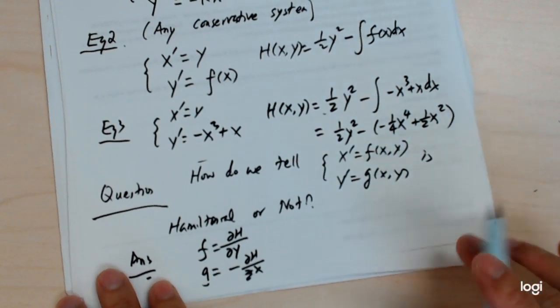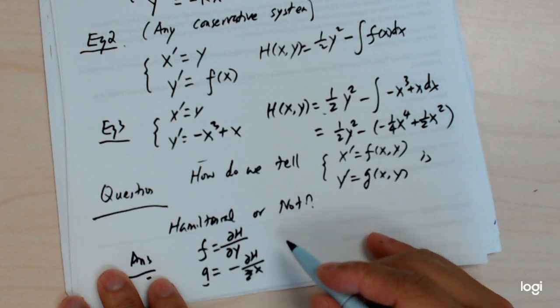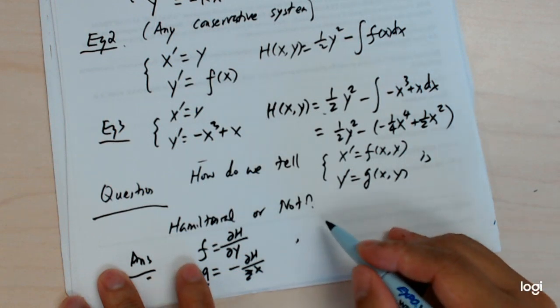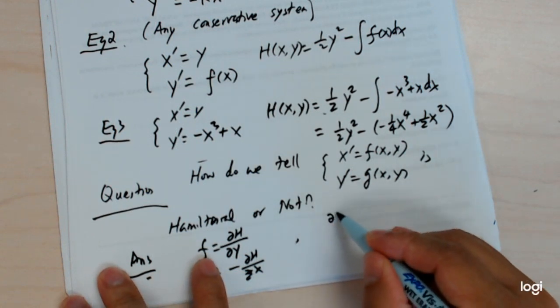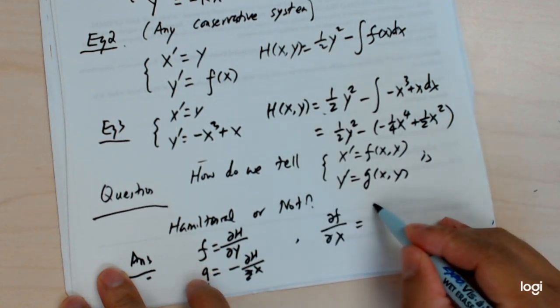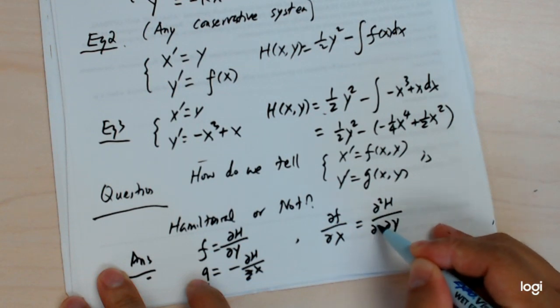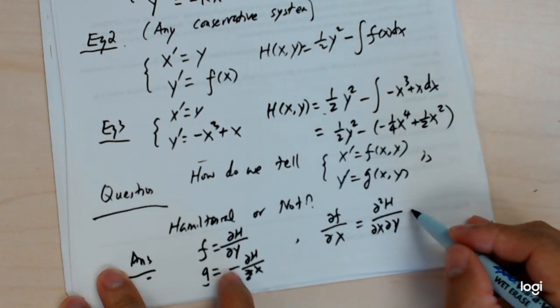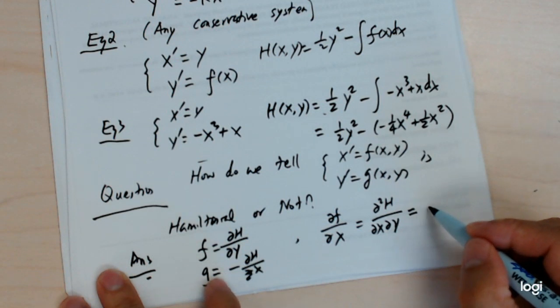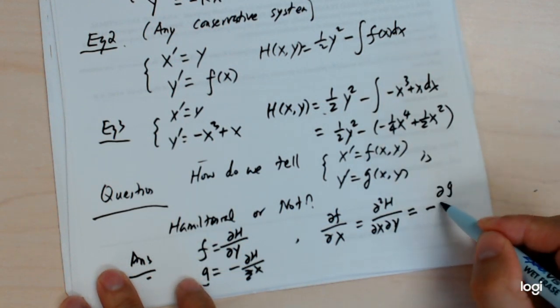So what kind of condition do f and g have to meet to make this Hamiltonian? Notice if I differentiate f with respect to x, I will get the second derivative of H with respect to y and then with respect to x. So this is a mixed derivative. Which will be the same as negative, differentiating g with respect to y.